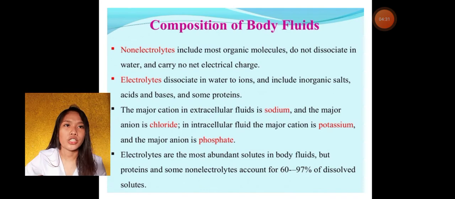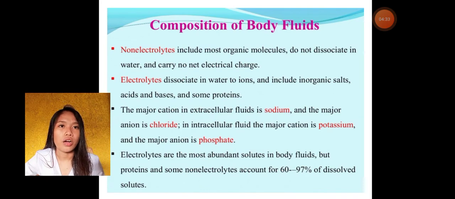So, the composition of body fluids. Non-electrolytes include most organic molecules, do not dissociate in water, and carry no net electrical charge. Electrolytes dissociate in water into ions and include inorganic salts, acids and bases, and some proteins. The major cation in extracellular fluid is sodium and the major anion is chloride.